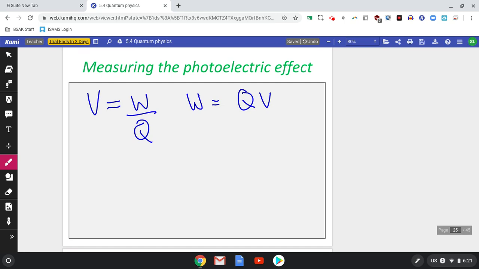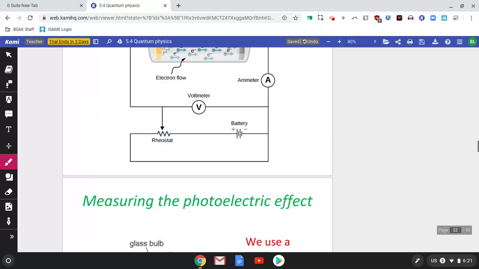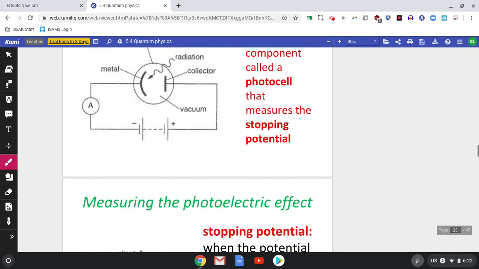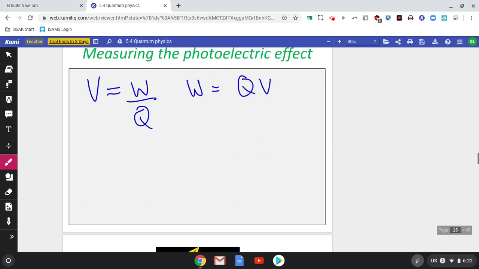Now, if the fastest electron, let's say this one here, this is the fastest. This is one from the top row in the zinc atoms. This is emitted. Now, if that passes through this potential difference and just stops and then goes back again, then we can use this equation.